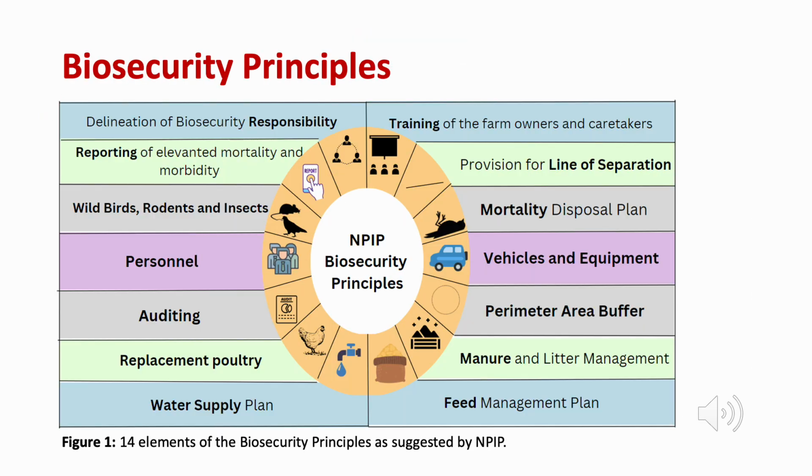The 14 elements of the biosecurity principles as suggested by the NPIP are: delineation of biosecurity responsibility, training of the farm owners and caretakers, reporting of elevated mortality and morbidity, provision of line of separation, restricted access to wild birds, rodents, and insects, mortality disposal plan, personnel, vehicles and equipment, auditing, perimeter area buffer, replacement poultry, manure and litter management, water supply plan, feed management plan.